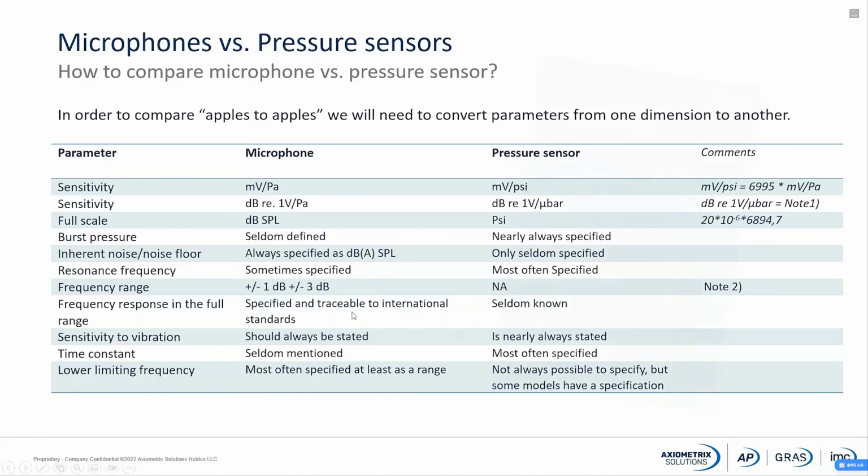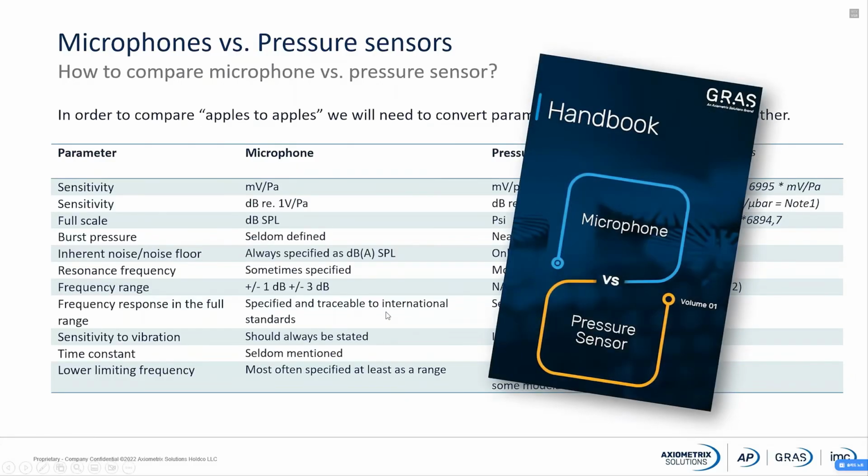And GRAS, we have actually issued a book which is called Microphone versus Pressure Sensor, and it's a handbook, and it can be downloaded from our homepage. This handbook is giving you the conversion between the two worlds. So if you have a data sheet you would like to compare with a microphone data sheet, you can do the math by using this handbook and do the conversion between the two.